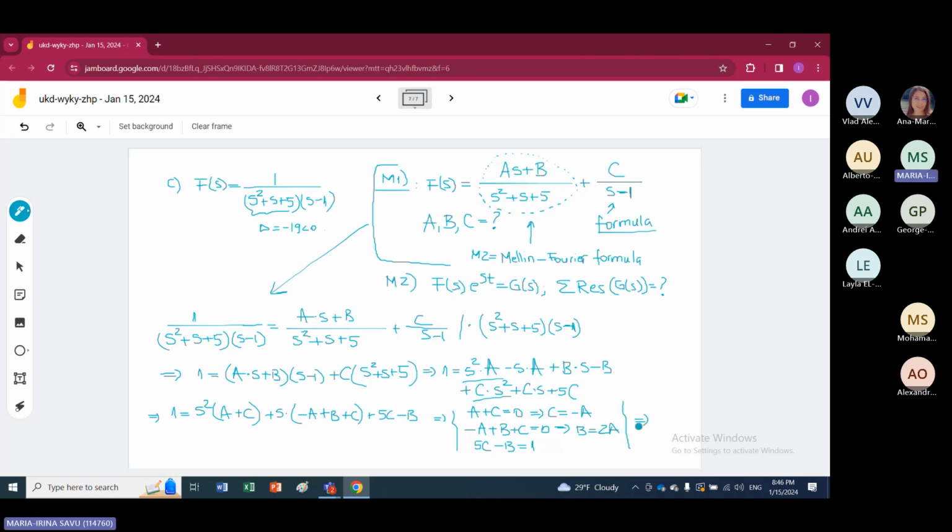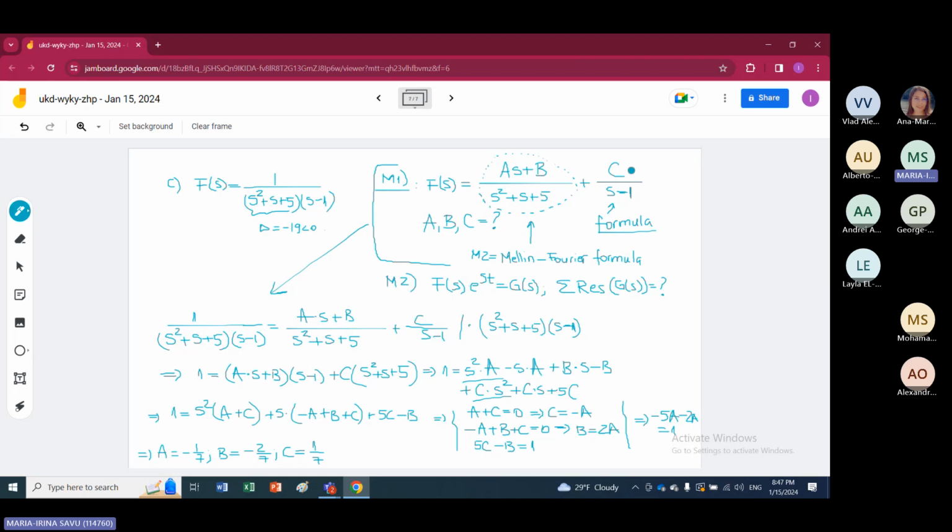Putting them together, we get that 5C, so minus 5A, minus B, so minus 2A is 1. So A is minus 1 over 7. B will be 2A, so it's minus 2 over 7. And C is minus A, so it's 1 over 7.